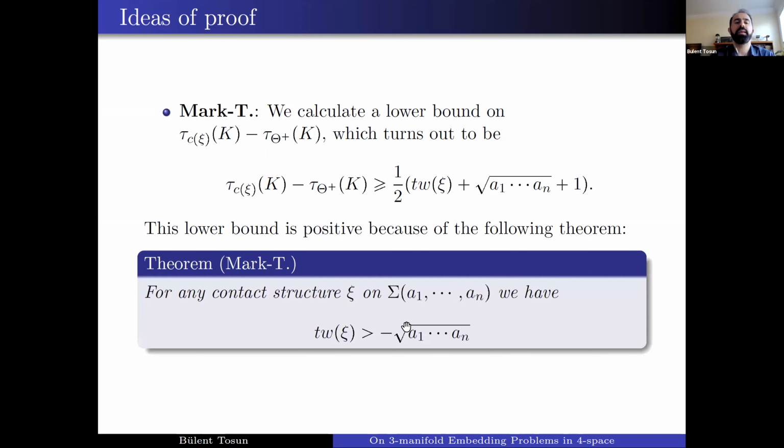the next theorem, where for any contact structure, not necessarily fillable, not necessarily even tight, for any contact structure on a Brieskorn sphere, we can give a uniform lower bound on the twisting number, and it is this quantity. Often this lower bound, if you look at a particular class of Brieskorn spheres, in particular if you focus on the fillable ones, you can typically get a much improved lower bound.